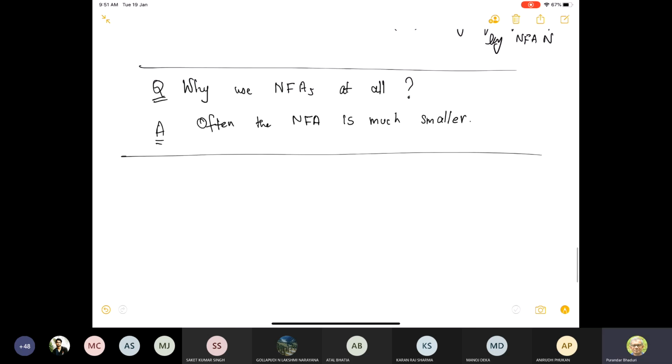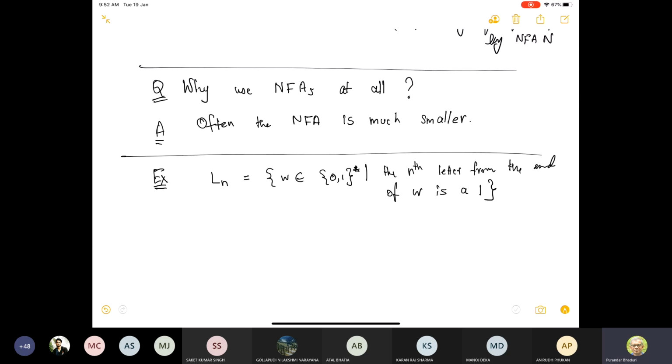Okay, and to illustrate that, think of this language, L n. The nth letter from the end of W is a 1.